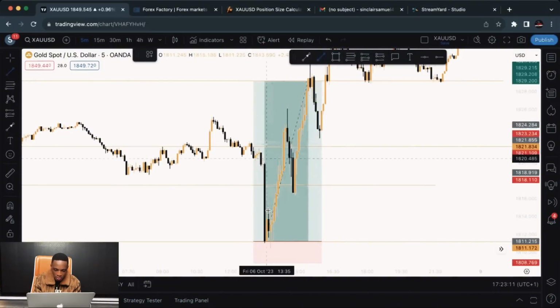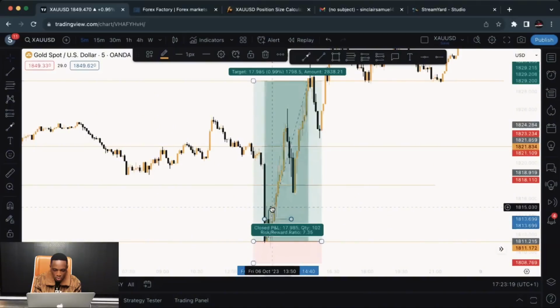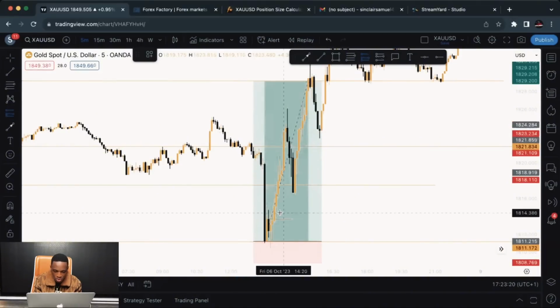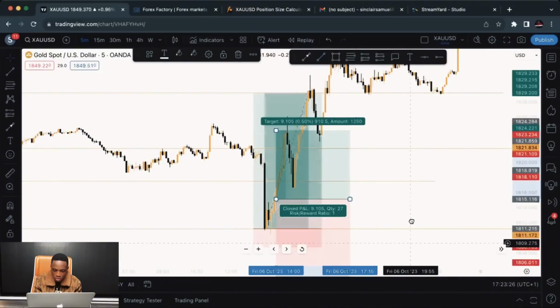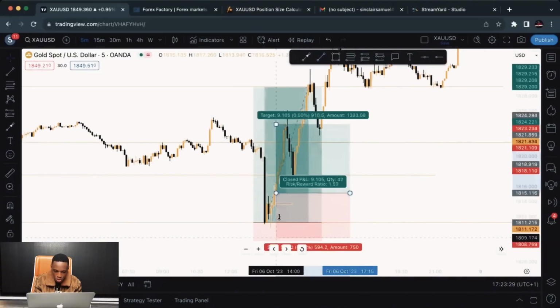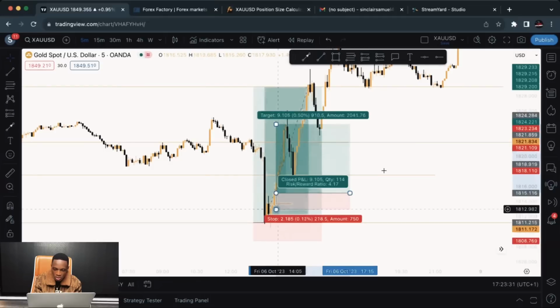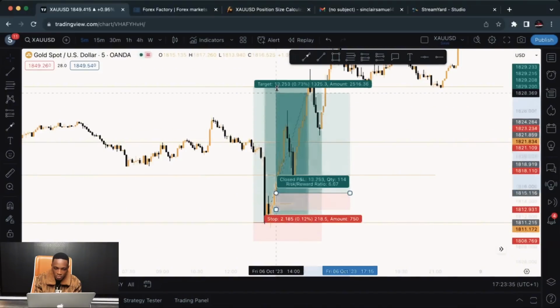This would have been a neckline, and this was a candle that broke out, so it would have been an entry here. So this is more like another trade entry here, and let me show you guys. One trade is running, stop loss below this candle that broke out, and targets this spot here.